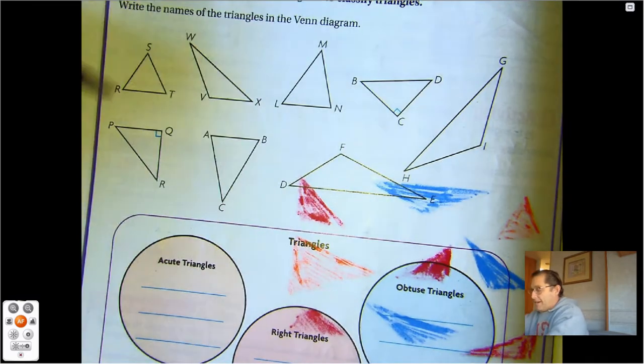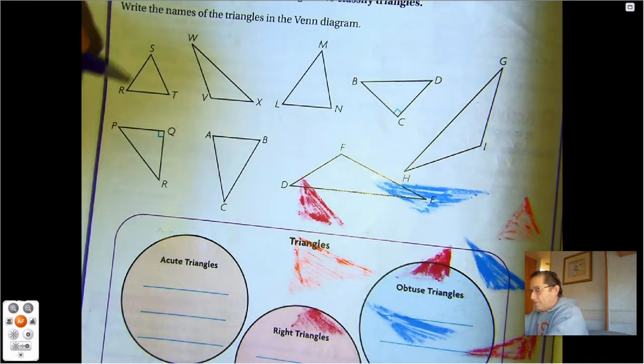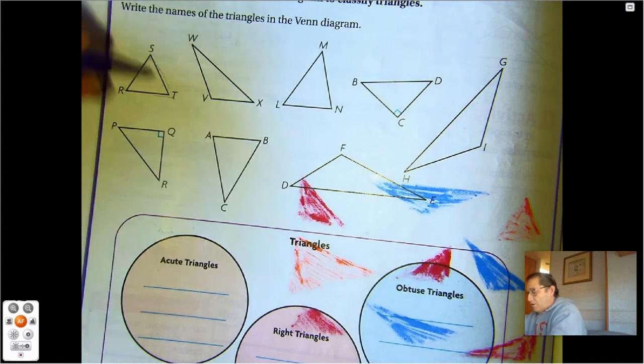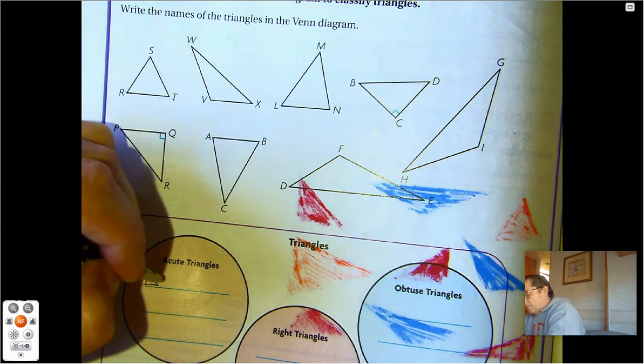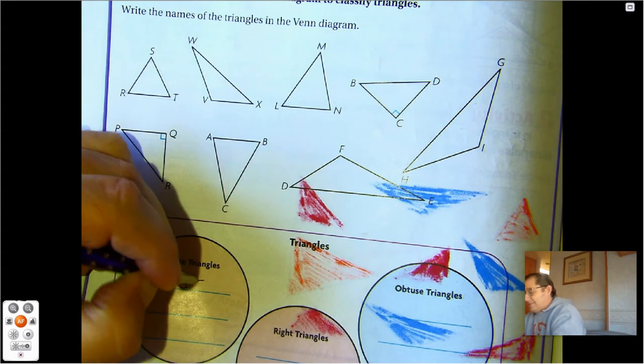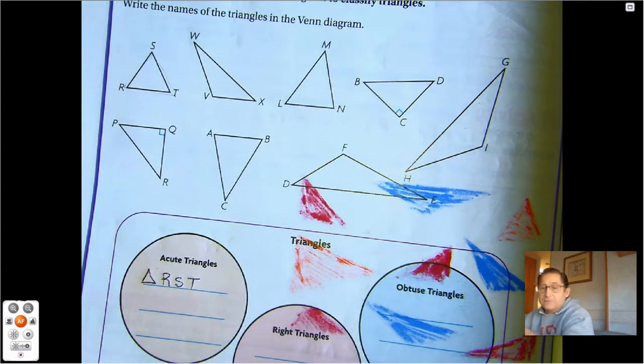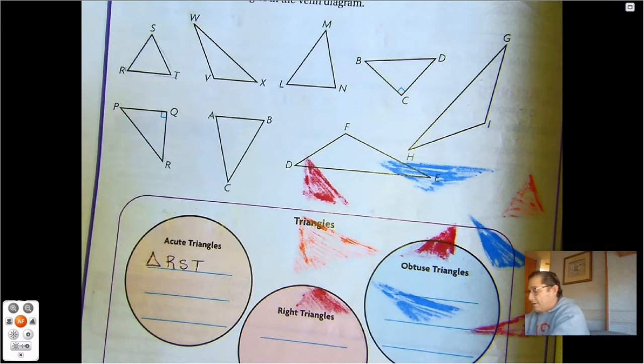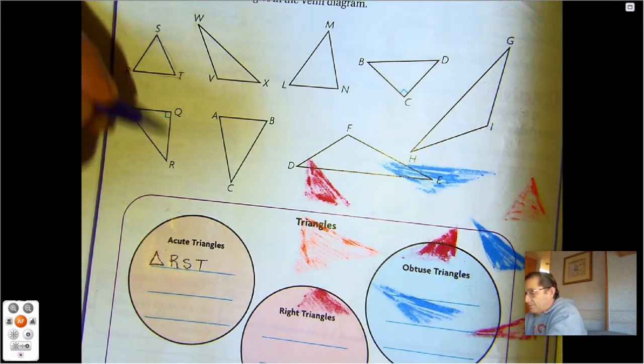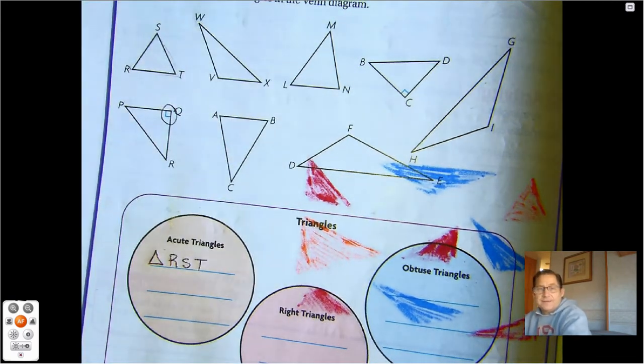All right, so RST. All of those angles are acute. So triangle RST, that's one possible name for it. Okay, this one is a right triangle, and the symbol there gives that away.